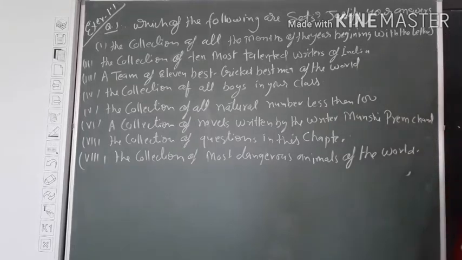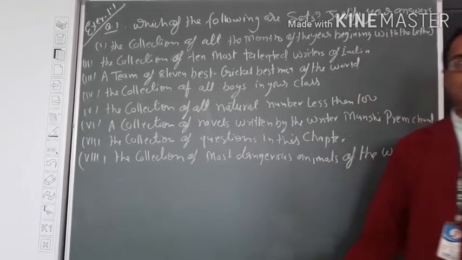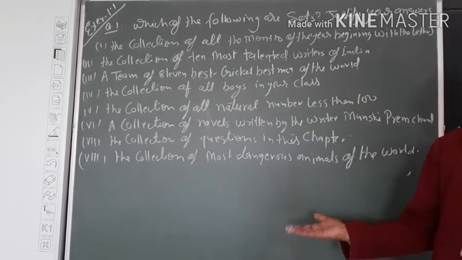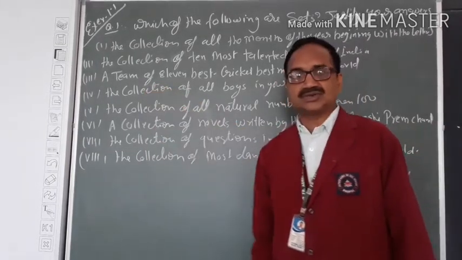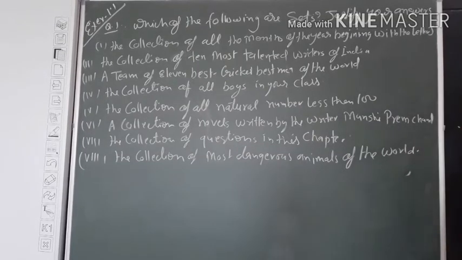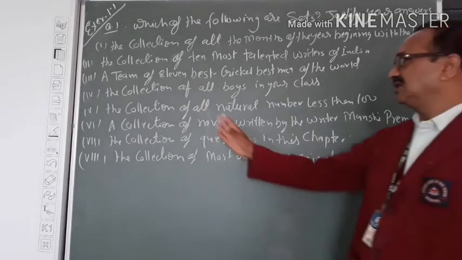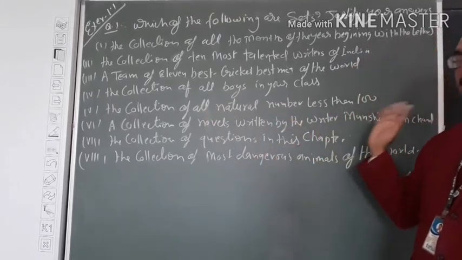Now come to the fourth part, the collection of all boys in your class. These are well defined. Everybody can say these are the 11 students. So this is a well defined collection. The collection of all natural numbers less than 100. You can write 1 to 100 natural numbers.